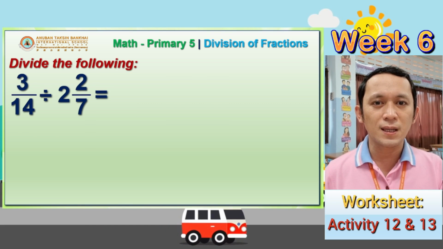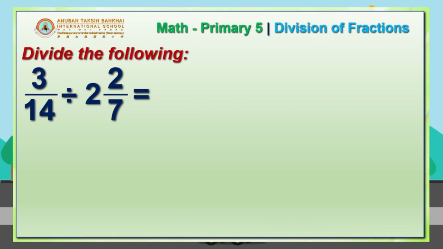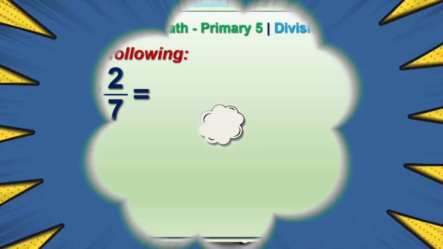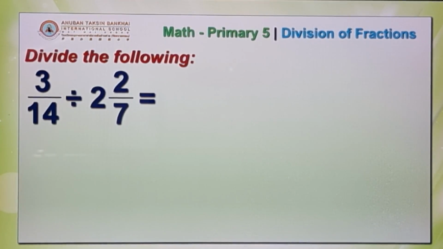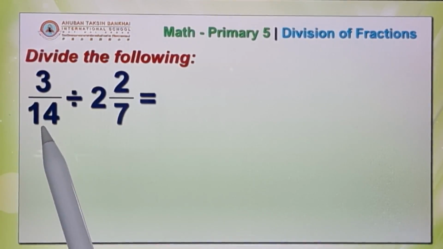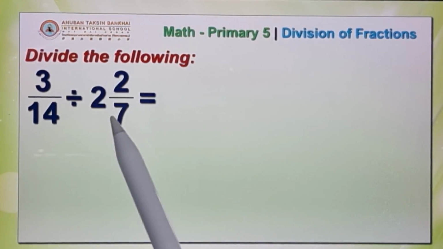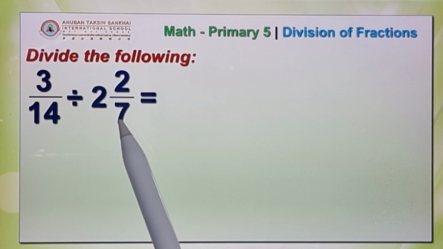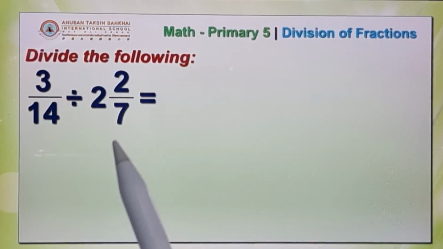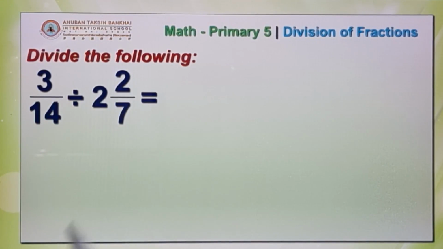3 over 14 divided by 2 and 2 over 7. Now let's show our solution to this problem. Take note, we have here a proper fraction, so there's no problem to that. And we have here a mixed number. When we have a mixed number, change to improper fraction.